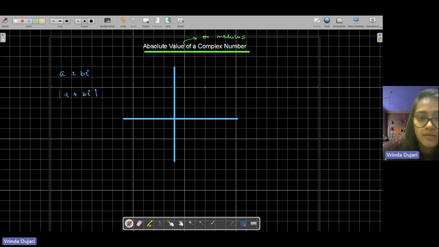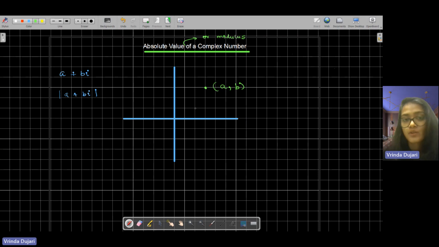This is our complex number, a plus bi, right? This green dot. So what does this mean? This means this point has coordinates a comma b, correct? So this also means that now see this point has coordinates a comma b.